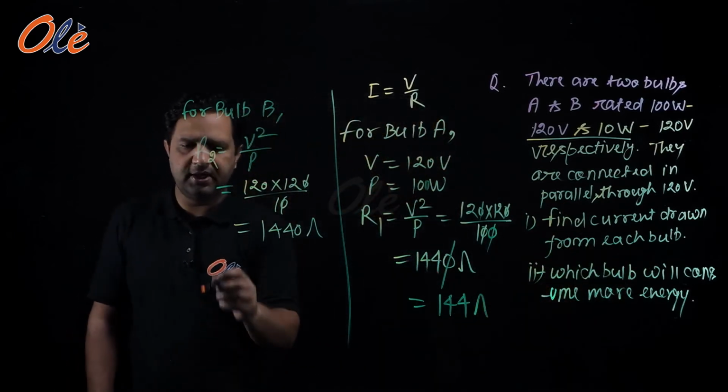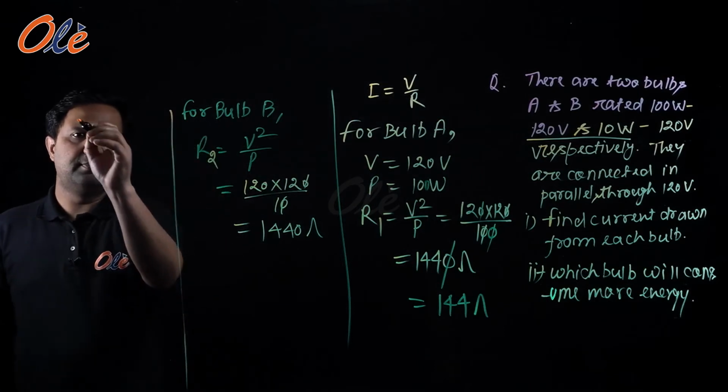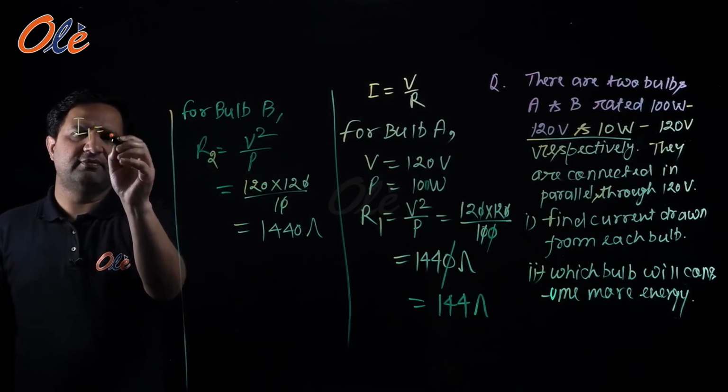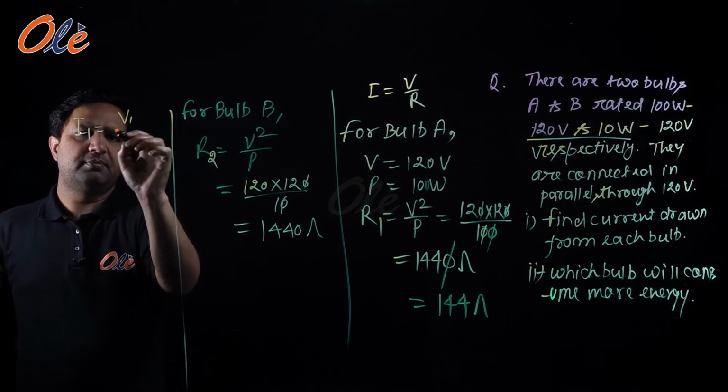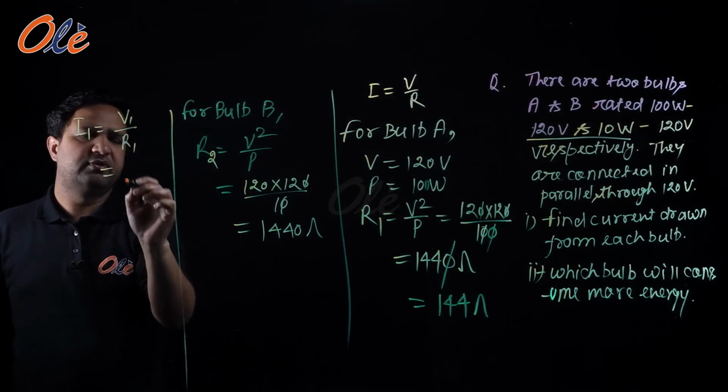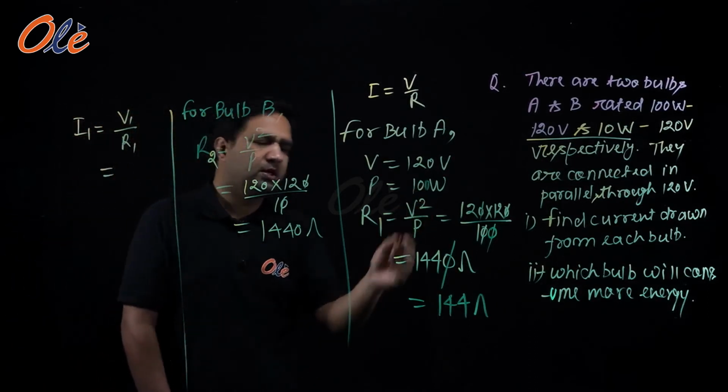For bulb A, the current will be I1, and I1 is equal to V1 upon R1. V1 is 120 volt for both bulbs.